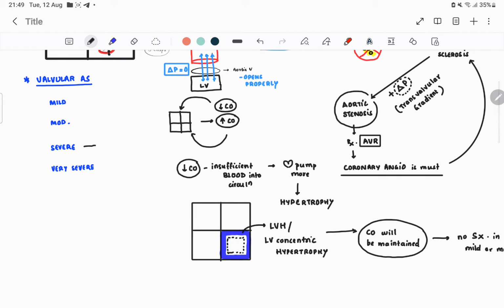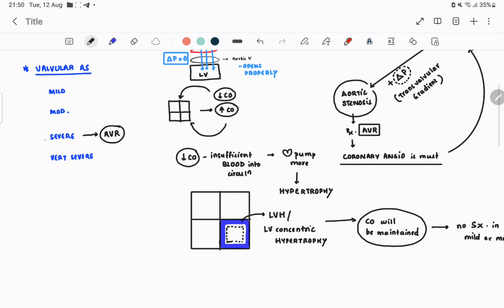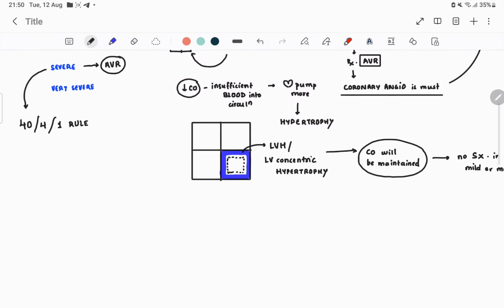So in severe, it is an indication for aortic valve replacement. We have to replace the aortic valve. Okay, in severe, we have a rule called the 4-4-1 rule, which you have to know.